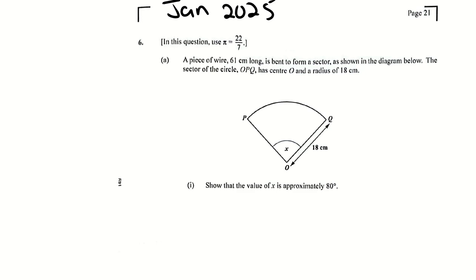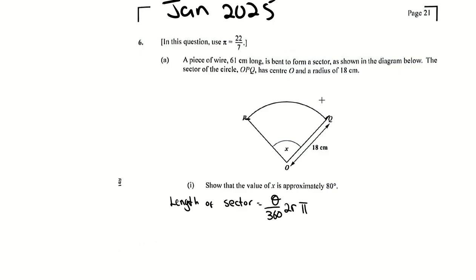So first off, we know that the length of a sector is theta over 360 by 2 pi r, or 2r pi, whichever one you want to see. Now this length is the length of the total sector, but the length of the sector they're talking about is from here to here.